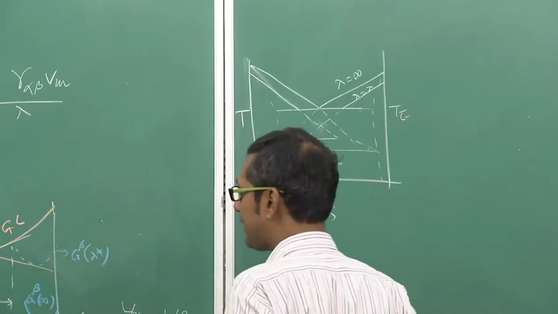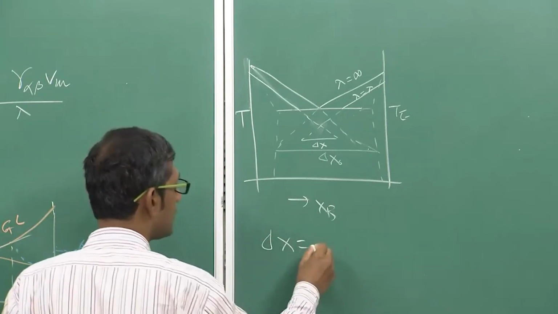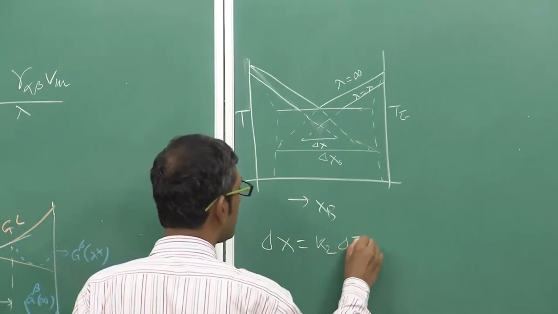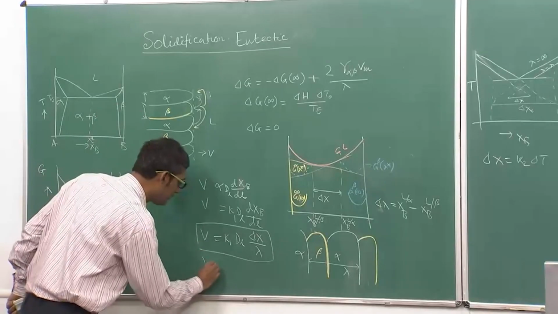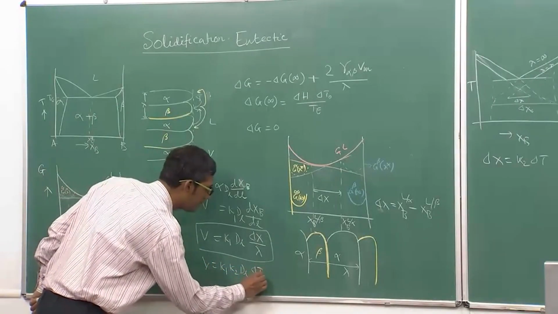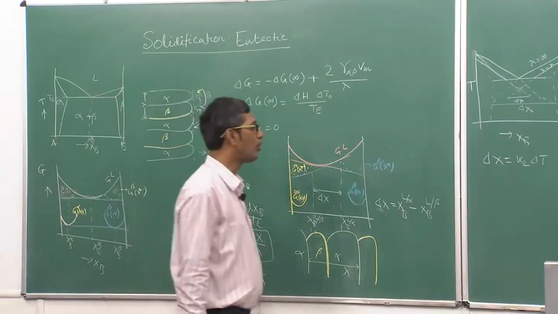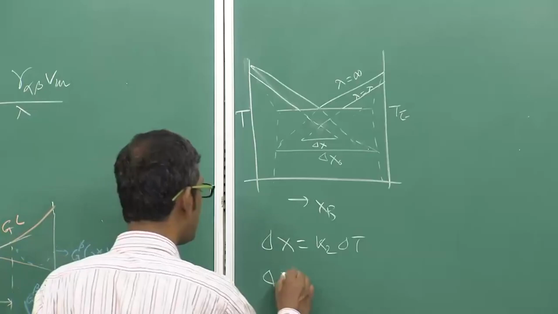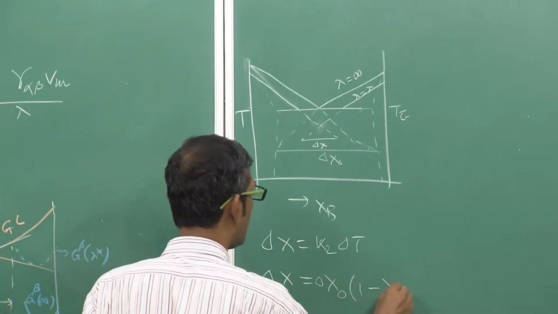So as you see, delta x is basically a constant K2 into delta T, correct? That is what you see here. So we can write down that V is equal to K1 into K2 D_l delta T by lambda. Now we also note that this delta x is a function of lambda.